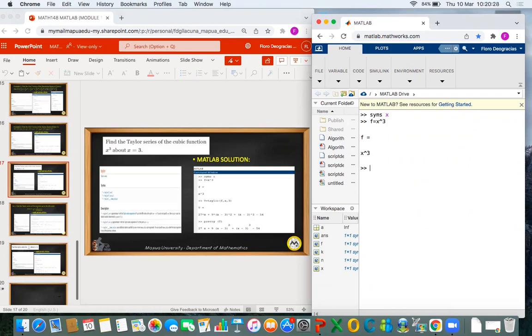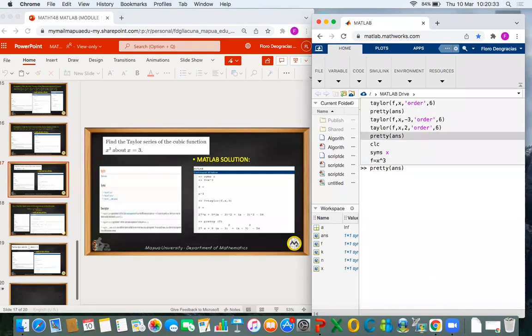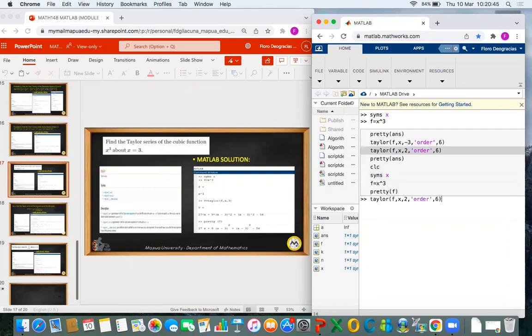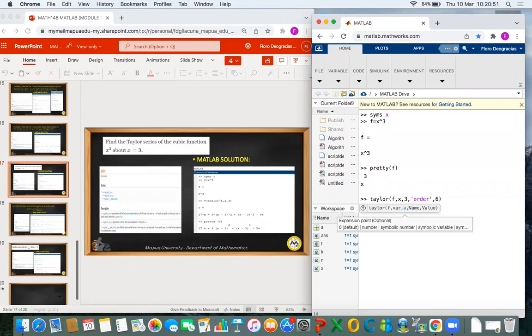Okay, then let's now evaluate, class. Let's have pretty first to check if it resembles the given function. Yes, that's correct. Then we now use the syntax. So replace this now by 3.